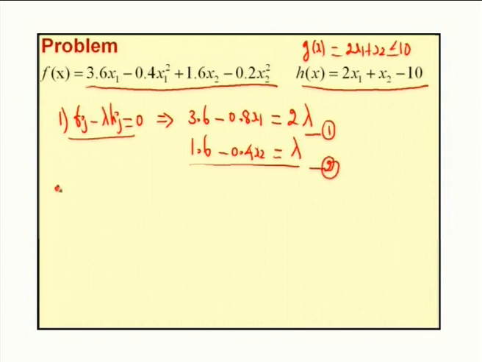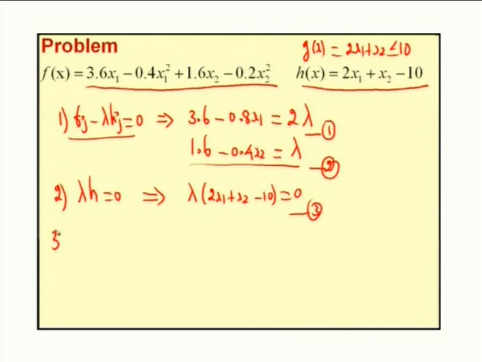Now, the second Kuhn-Tucker condition is lambda h equal to 0. This gives us lambda into 2 x 1 plus x 2 minus 10 equal to 0. We name it equation 3.